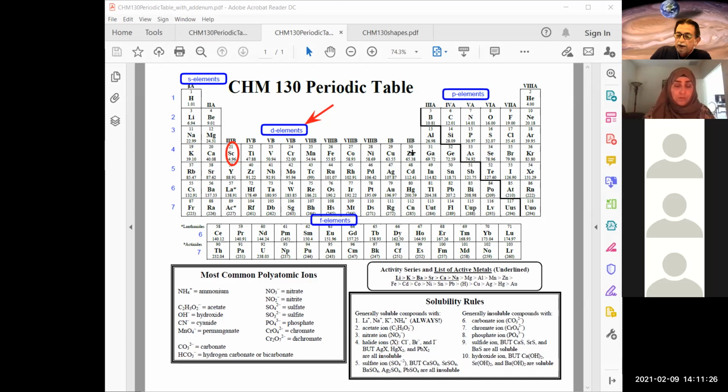Now, because of the mathematics of the equations, you would think it to be 4D, because it's in the 4 period. But only when you start at 21, the energy level of the D orbits actually goes in the 3rd energy level, okay?